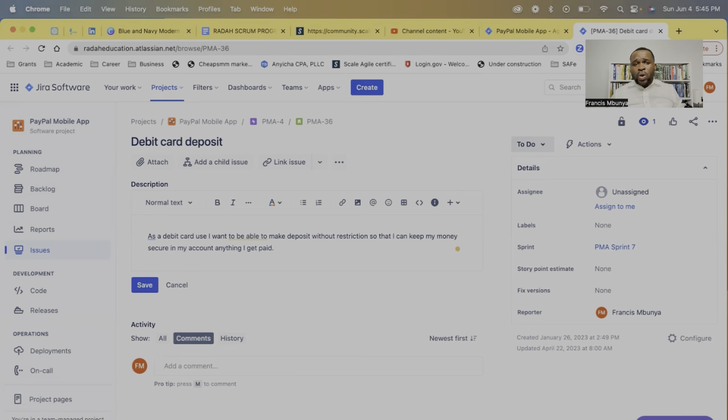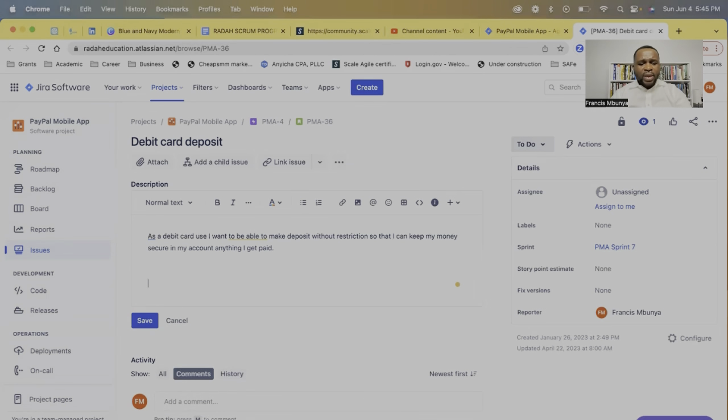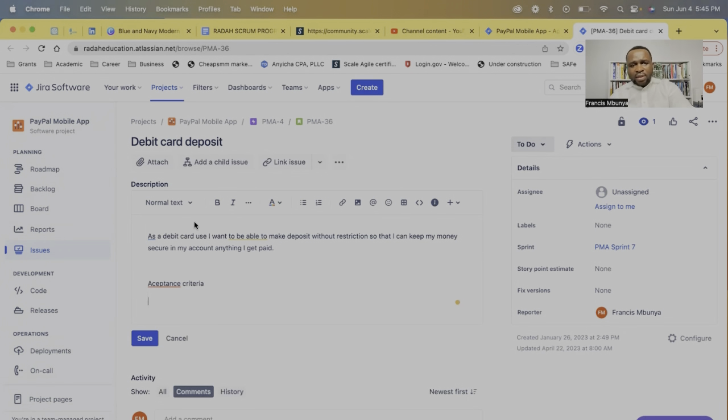All right, so now we can go to acceptance criteria. We can write acceptance criteria in 2 formats. We have the given, when, then format.